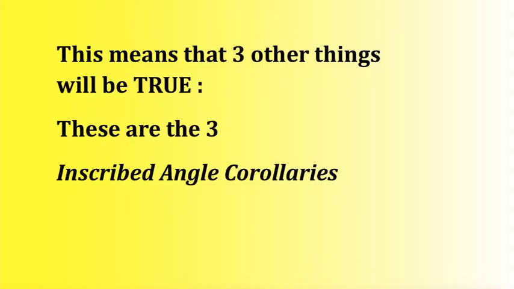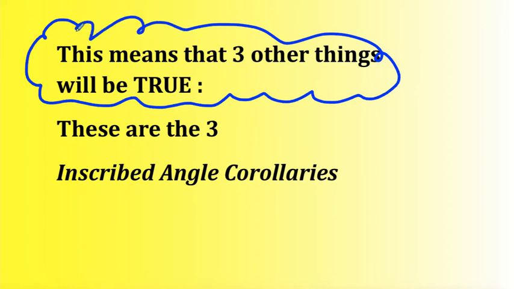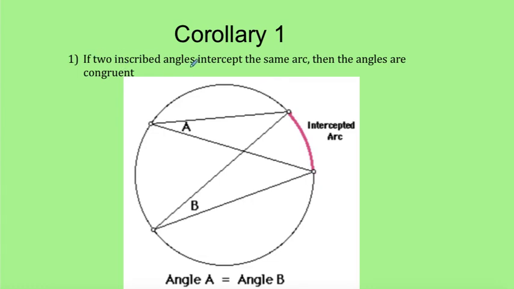All right. Last thing, if that's true, this means that three other things will also be true. These are called the three inscribed angle corollaries, okay? So these corollaries are going to come up a lot in the next couple of days. The first one says that if two inscribed angles intercept the same arc, then the angles are congruent. So looking at this one, angle A is right here.